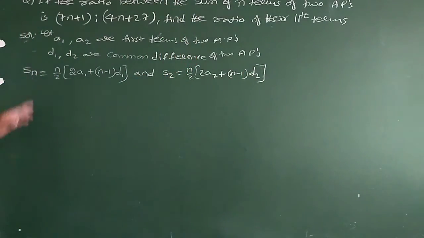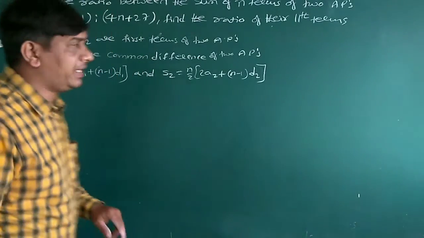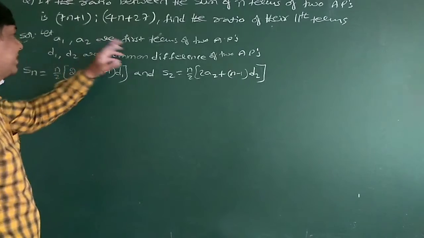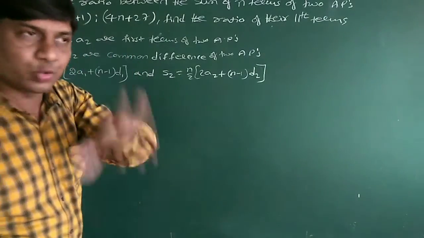Here I suppose A1, A2 are the first terms of the two APs, and D1, D2 are the common differences of the two APs.